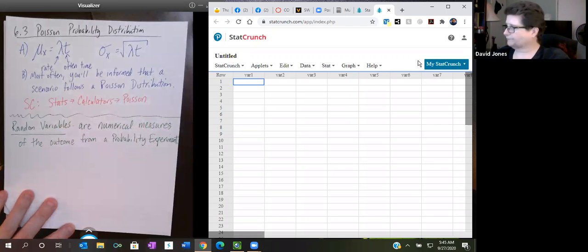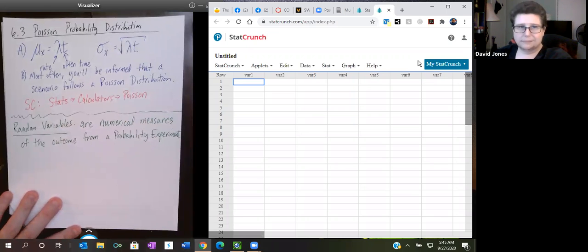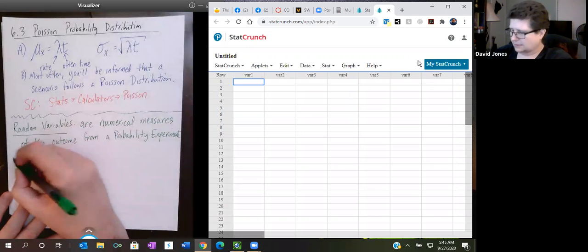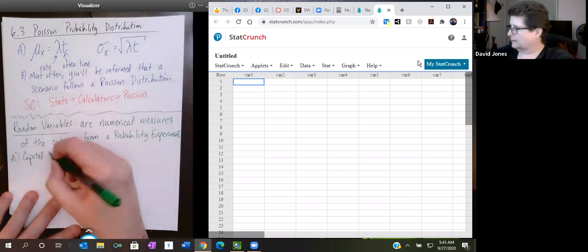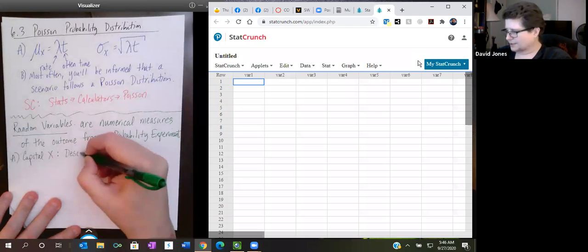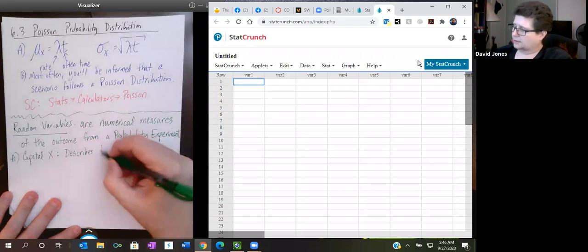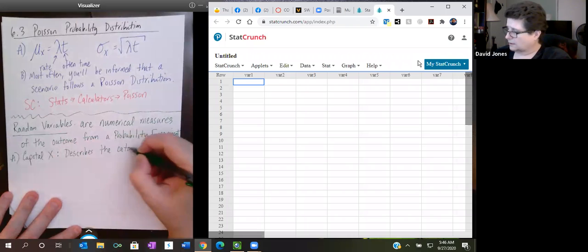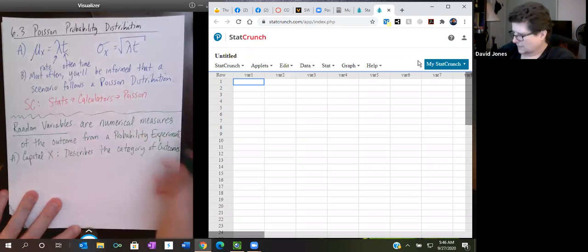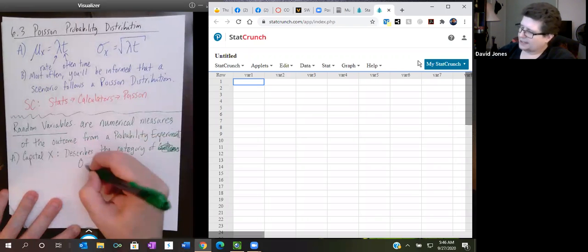We quite frequently use X. So capital X describes the category of outcomes.